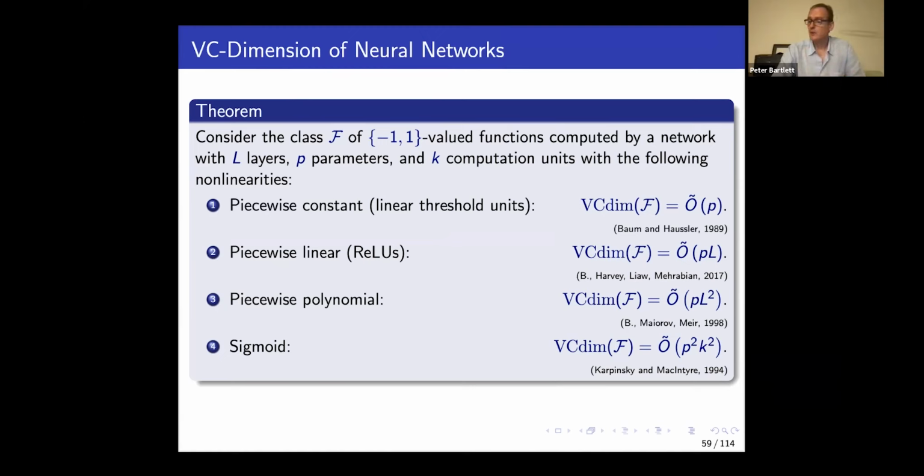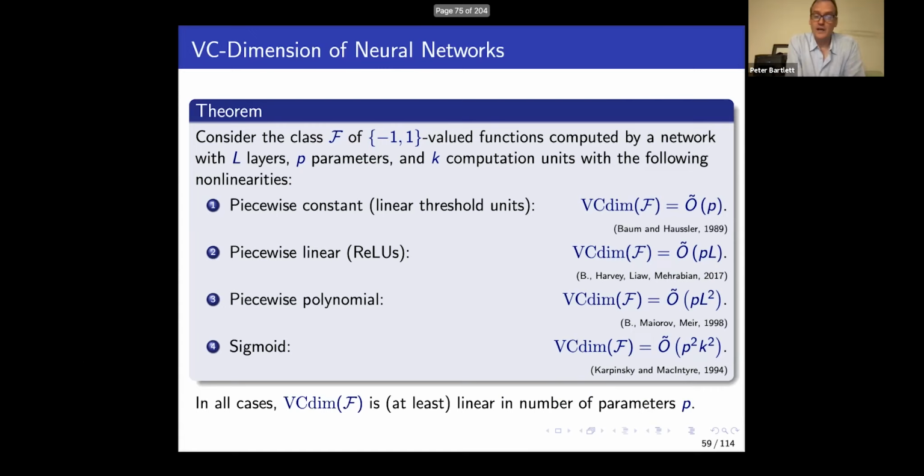One kind of bottom line there is that actually all of these grow at least as fast as the number of parameters. So in terms of that measure of the complexity of the class of functions you can compute, you have a complexity that's growing at least linearly with the number of parameters.